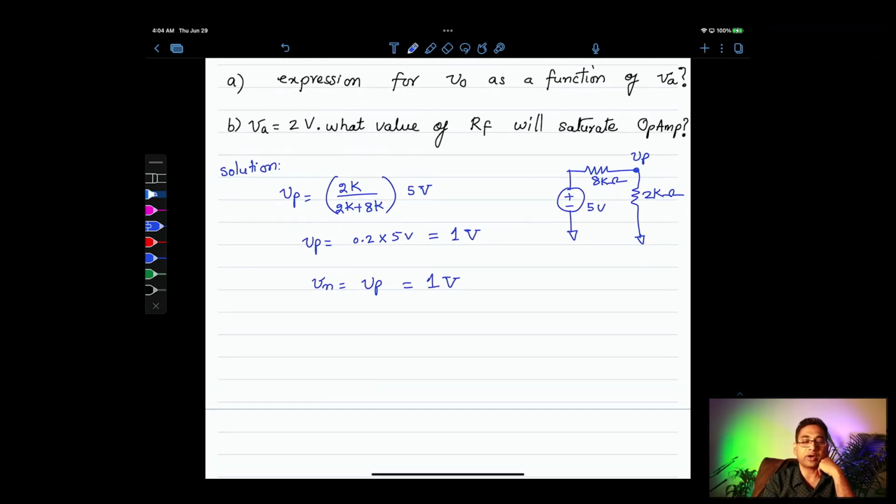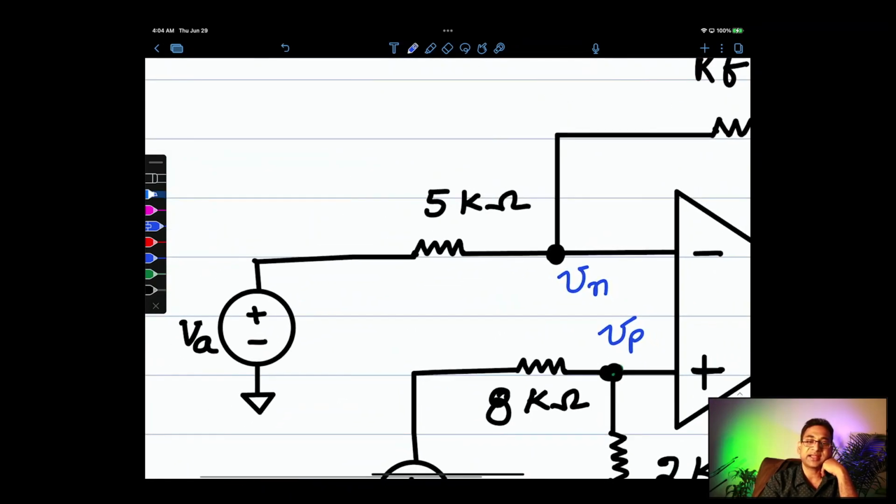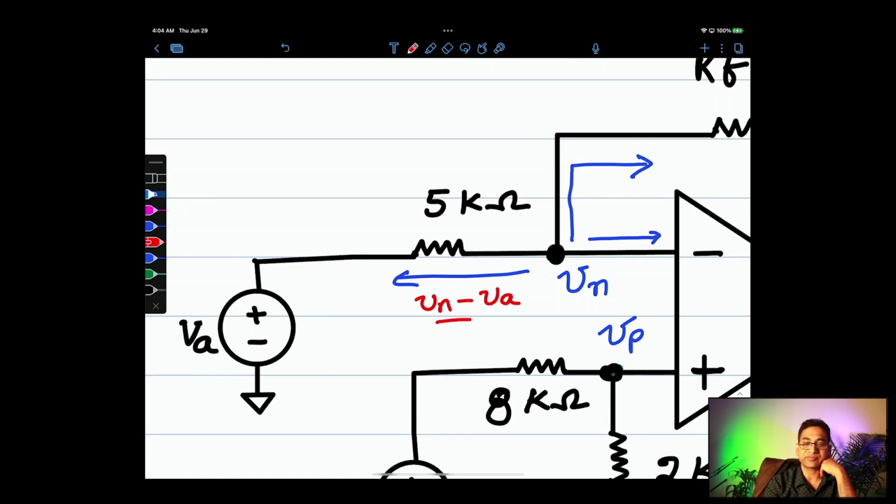Now we can go about doing our step 1, which is KCL at node Vn. At node Vn, there is one current flowing in this direction, there is zero current flowing in that direction, there is one more current flowing in this direction. The current flowing left is Vn minus Va over 5 kilo ohms.